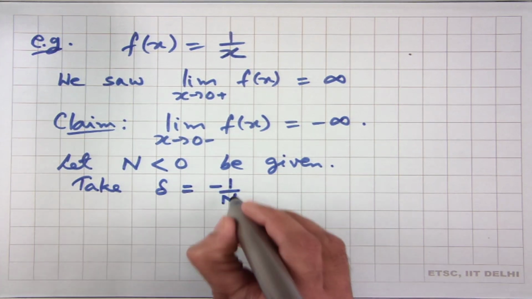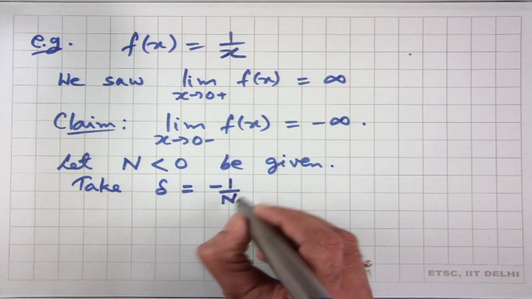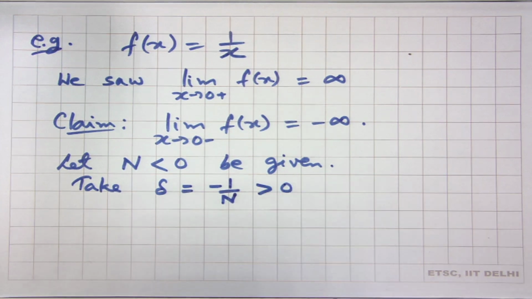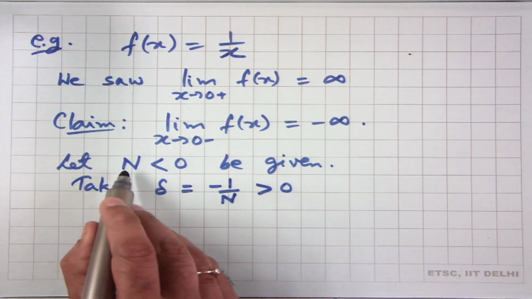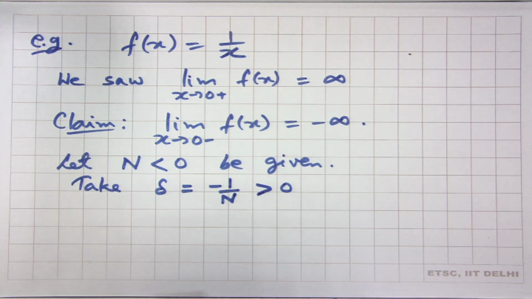Note that we need delta to be a positive real number. So, 1 by n is negative, so minus 1 by n is a positive real number, and if n is a large negative number, this delta will be a small positive real number.